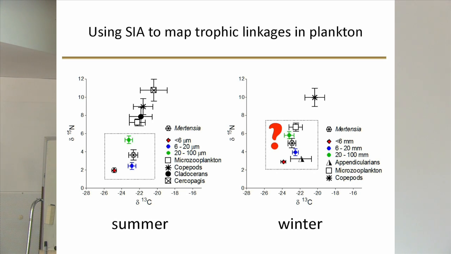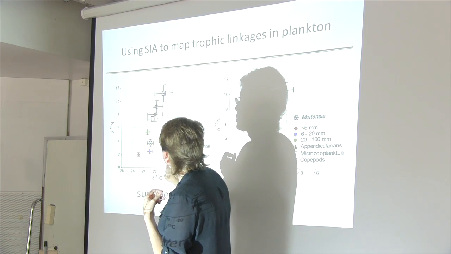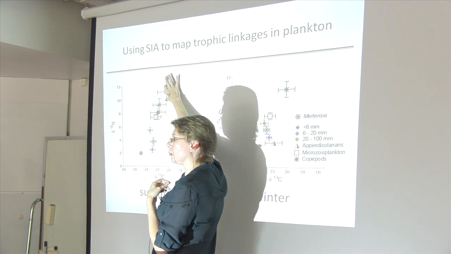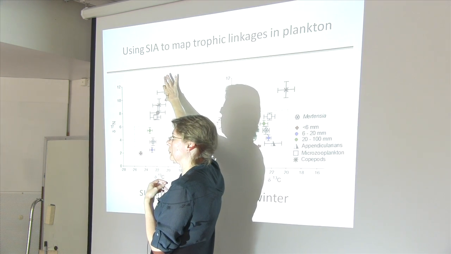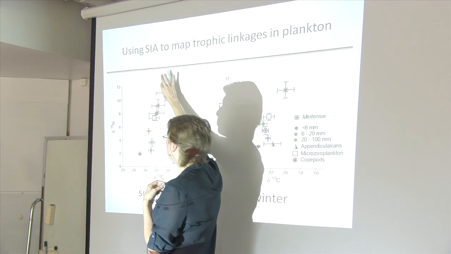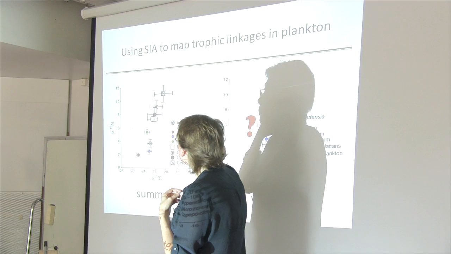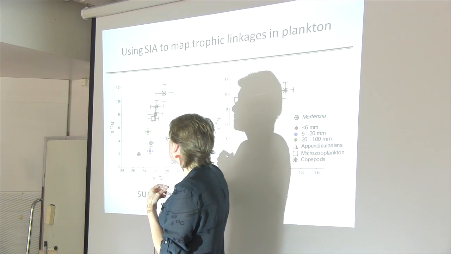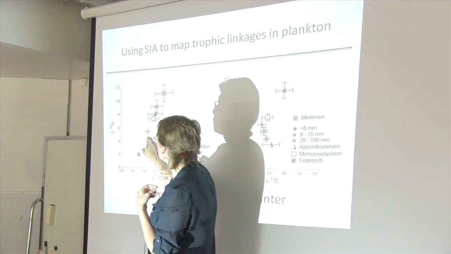The two consumers here are chaetognaths, which is used as a pure predatory group. It feeds on other zooplankton, preferably crustacean zooplankton. And the whole question here was to find out what eats comb jellies, which are here.